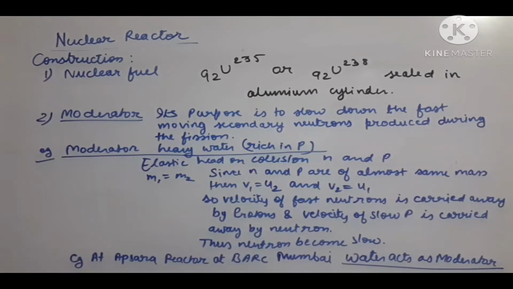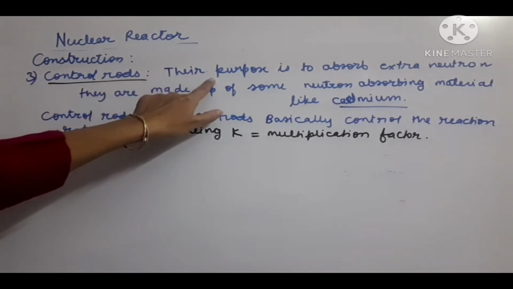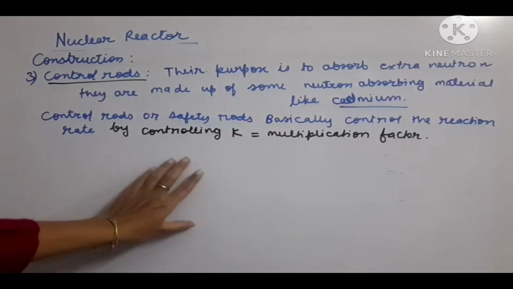Now to the next purpose, that means control rods. Third part of the construction is control rods. The control rod's purpose is to absorb the extra neutrons. As we are saying that in each fission reaction 3 neutrons are produced, and we don't want 3 neutrons to cause fission further. We only want 1 neutron to cause fission.